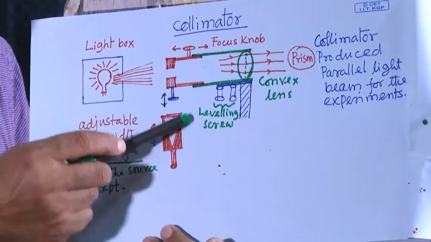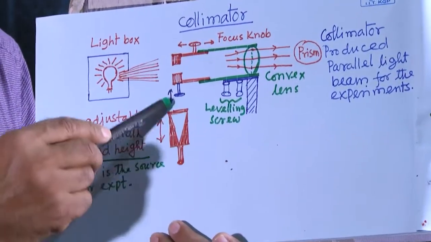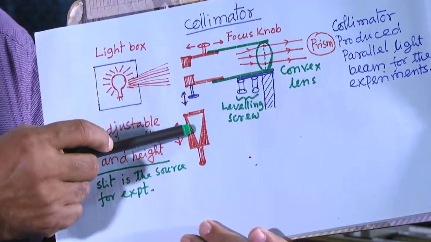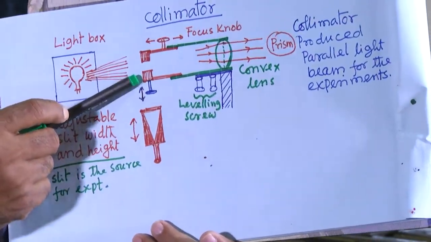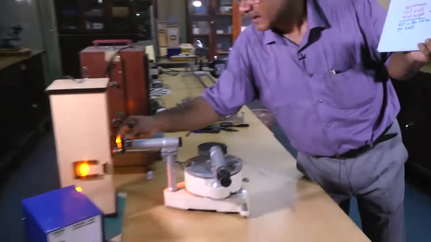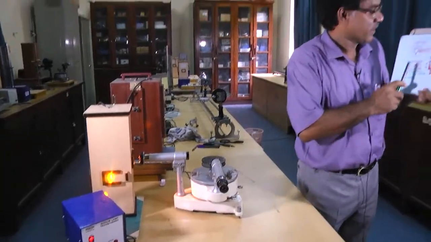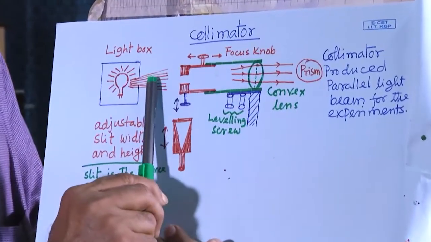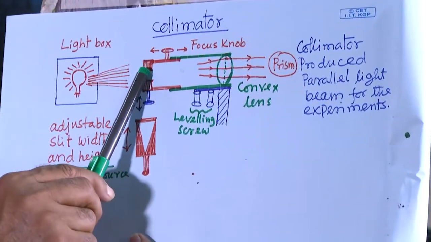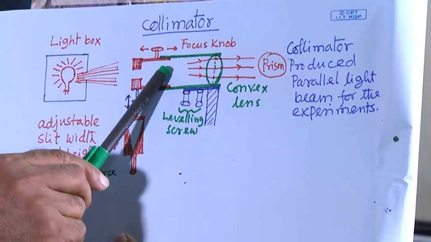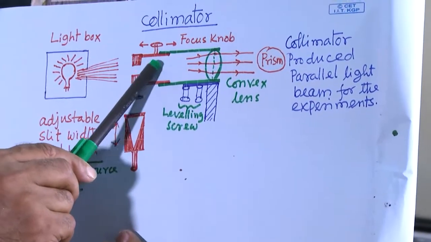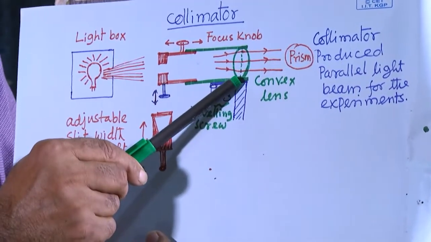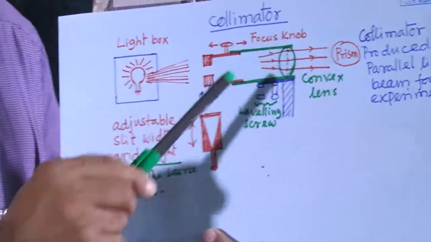There is another part on it, of this shape. If you move this, you can adjust the height. This arrangement is there, and I will show you again. Now the diverging light enters through this slit and falls on a convex lens, which is placed in this collimator.